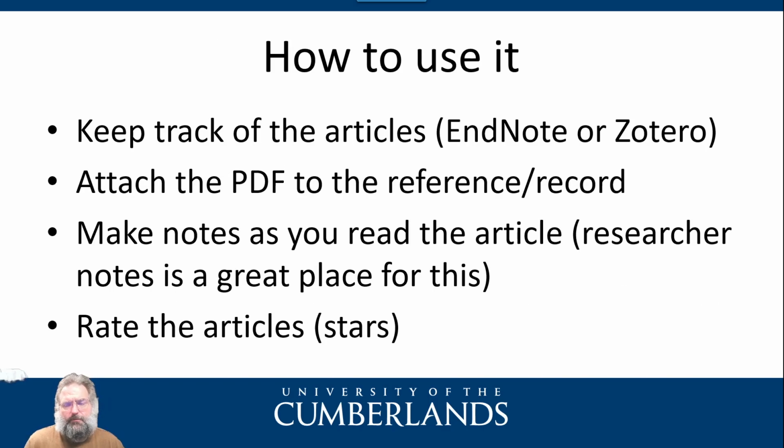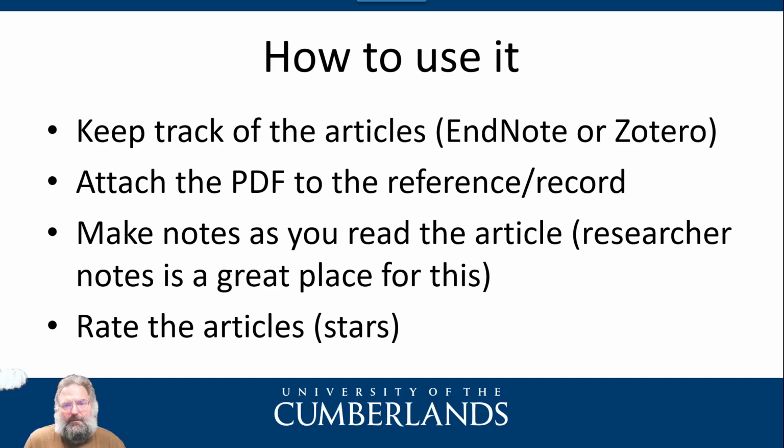Whenever you're looking at these peer-reviewed scholarly literature reviews, you want to use something like EndNote or Zotero to keep track of them. Those are reference keeping and source tools that help you.